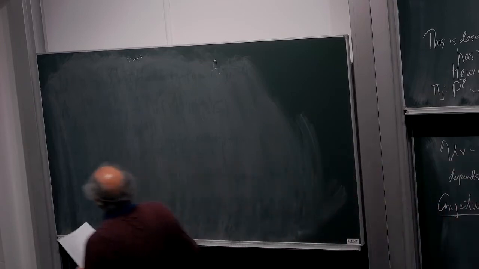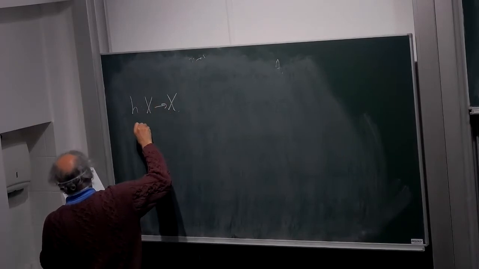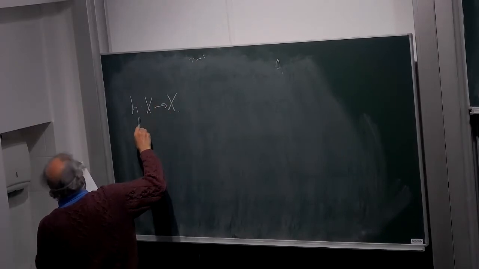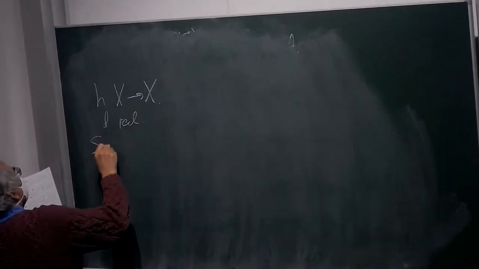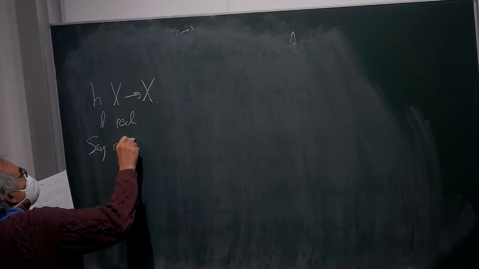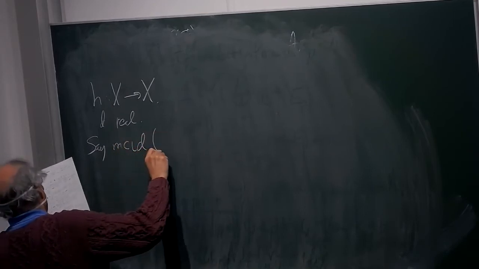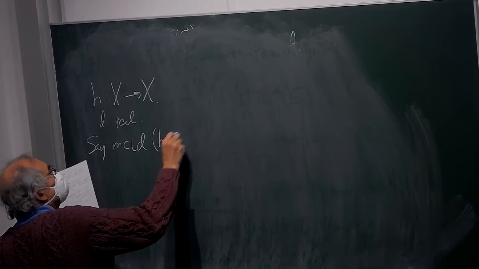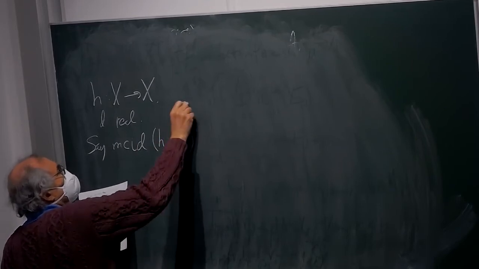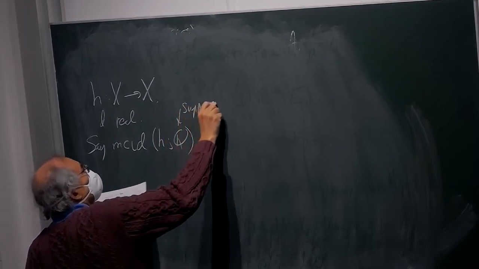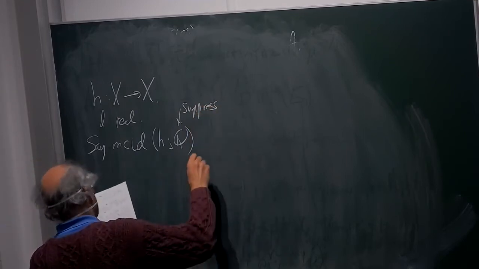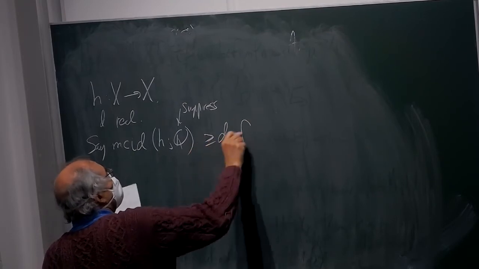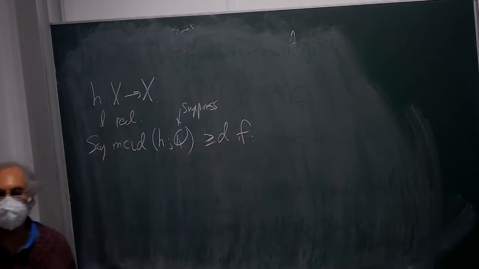So now we have H from X to X. And I have D real. And I will say the mean cohomological independence dimension of H with coefficients Q, which I will suppress, is bigger than or equal to D if the following somewhat complicated thing happens.